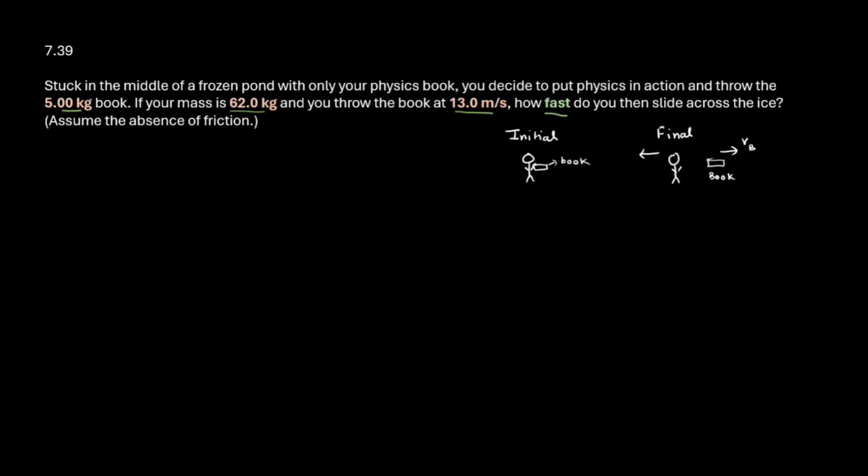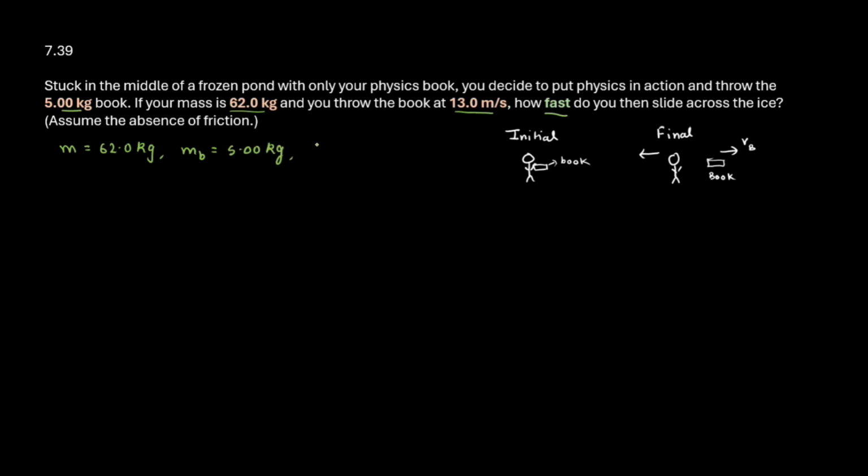So here in this question, you are initially in the middle of a frozen pond with your physics book. Your mass you can write as m, which is 62 kilograms. The mass of the physics book is mb, which is 5 kilograms.